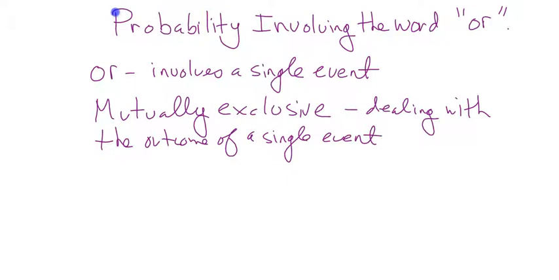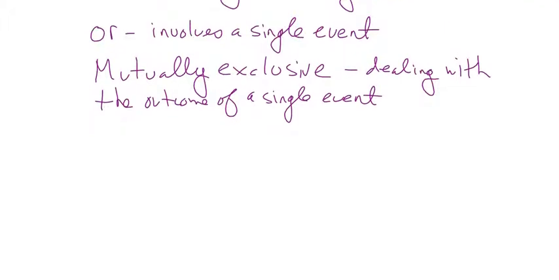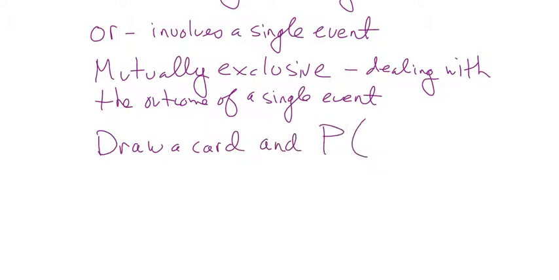Let's say this event is we draw a card, and we want the probability that it is black or a face card. Do those sound like they are mutually exclusive?